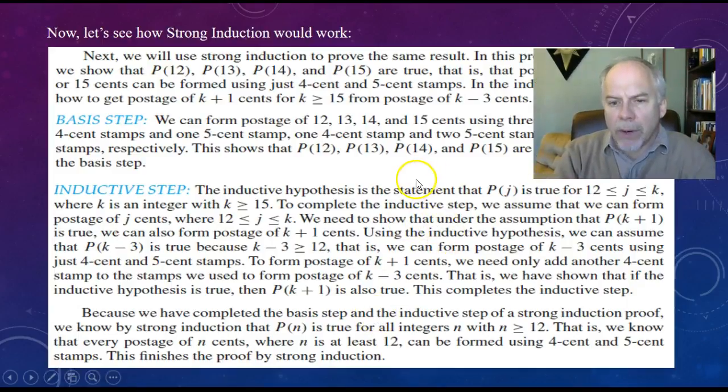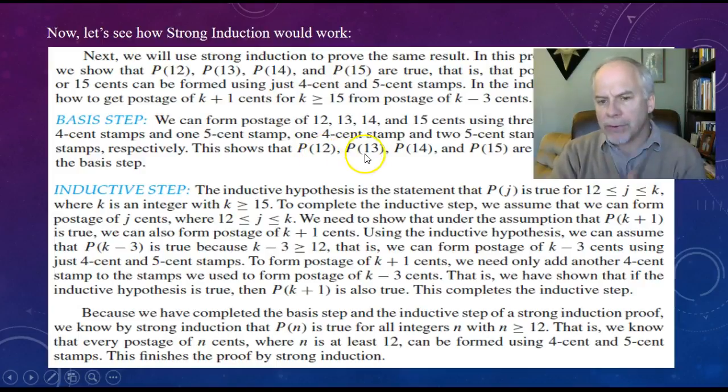So you may have wondered, why did we have to go and in the basis step show it works for 12 and 13 and 14 and 15? Well, that's because we referenced P of K minus 3.